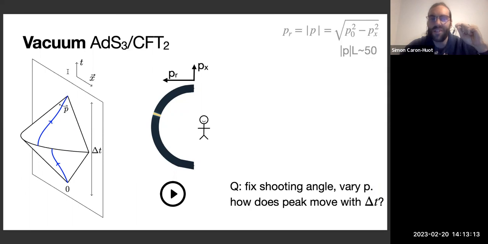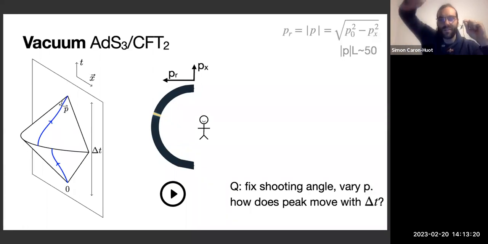Yeah. So if I change the time separation and I look at the intensity of the signal as I scan over the angle P, where would the peak be at a later time?